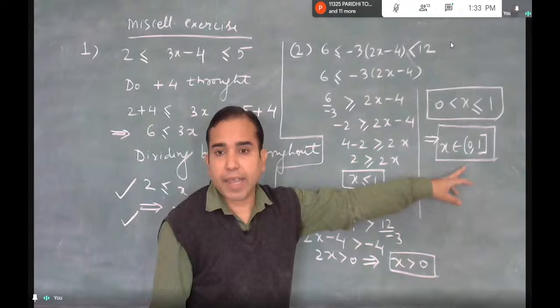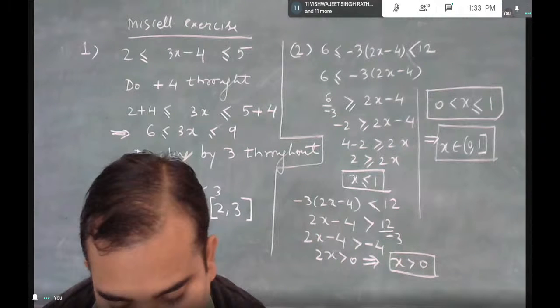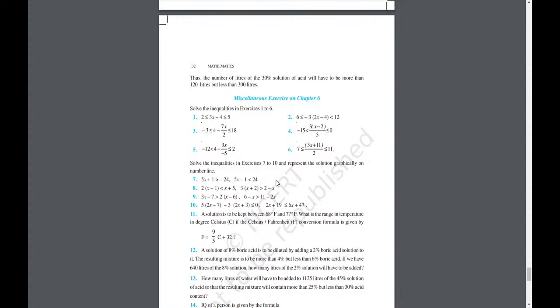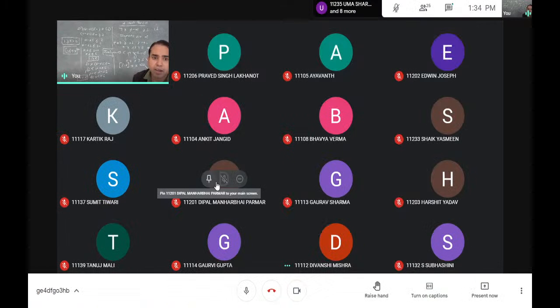And let us see the next question. I think the questions up to the 6th are very much similar. From 7th to 10th, let us take some questions and discuss. Anyone from B section? Deepal, are you listening?